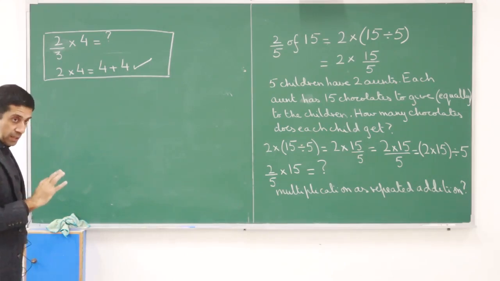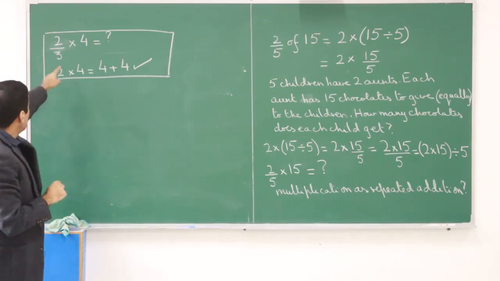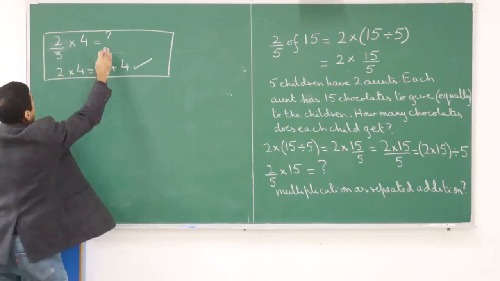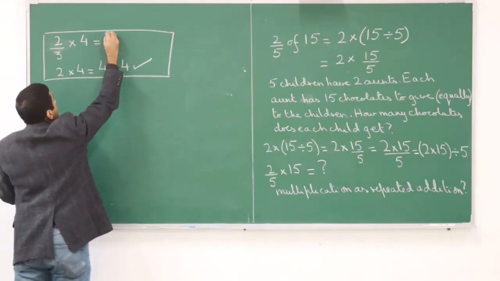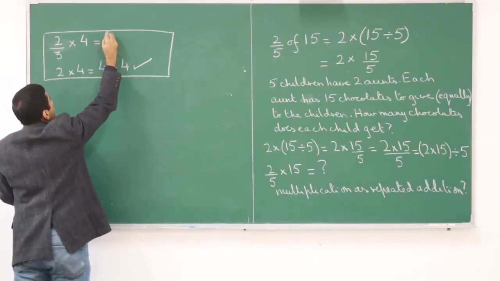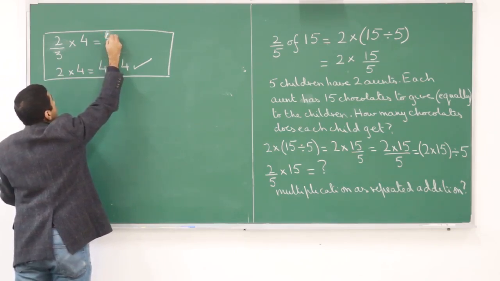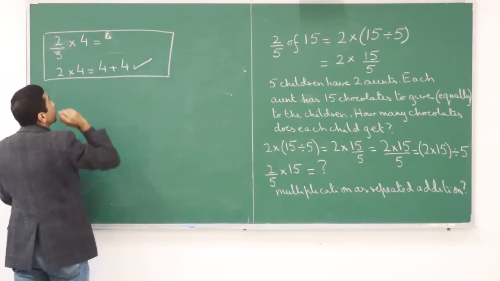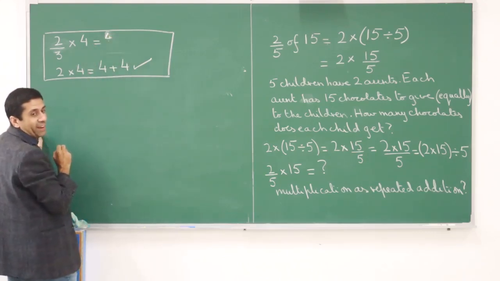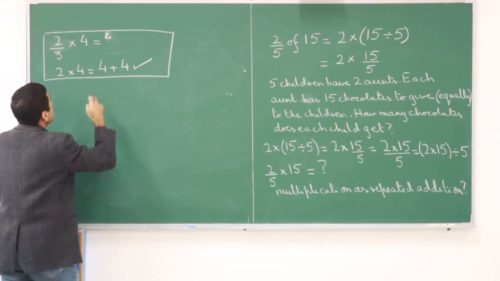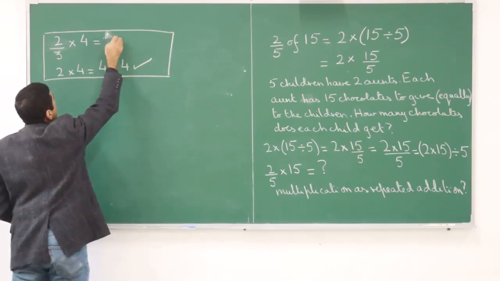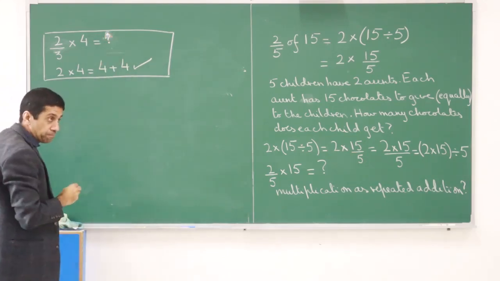Okay, I can't say 2/3 of 4, so I won't write 4 fully. I'll take 2/3 of 4, and I don't know what this means even. It's a silly idea, so I'm not even going to try to write it down. I'll leave the question mark here, and I don't know the answer.